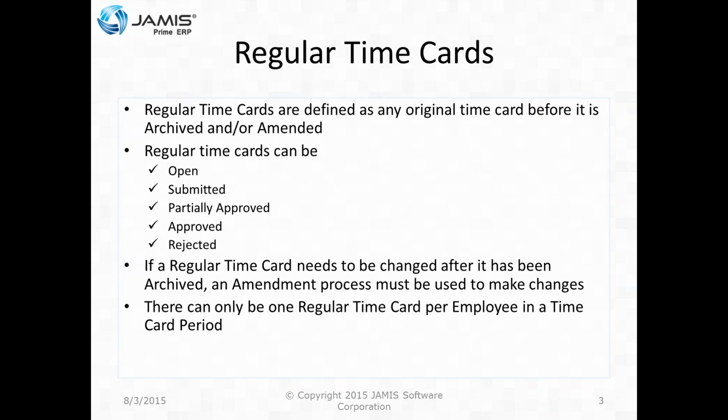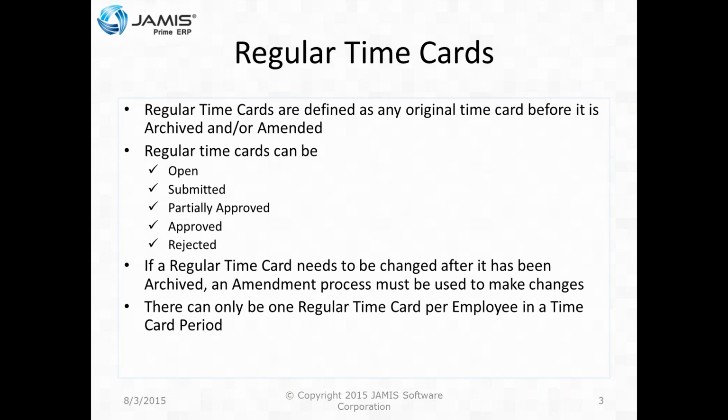that later on. If a particular time card needs to get changed after it's been archived, and by archiving it means it's been processed over in human resources. It has been dollarized. The hours will be met up with your pay set, your pay rate, and it actually is booked as an expense in the system.